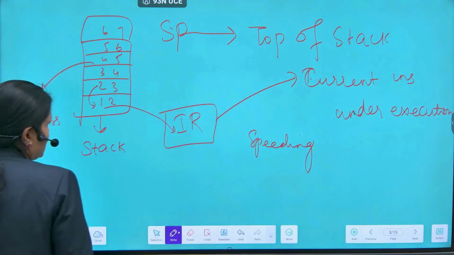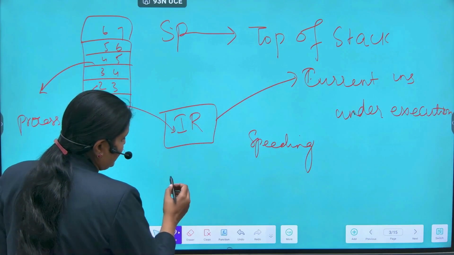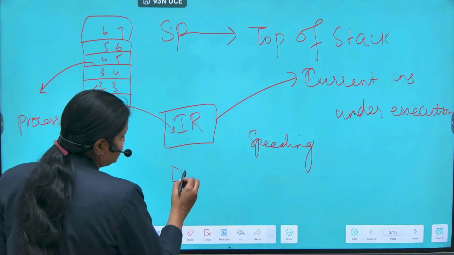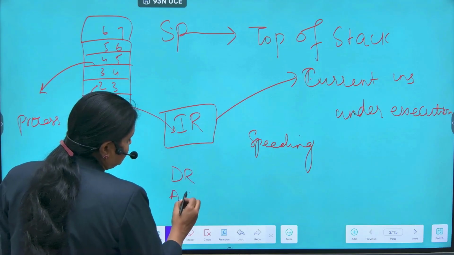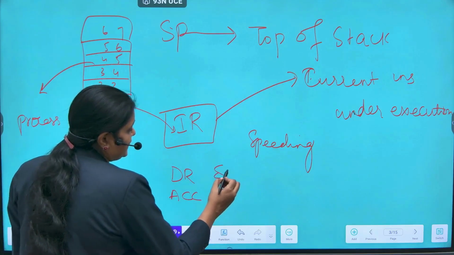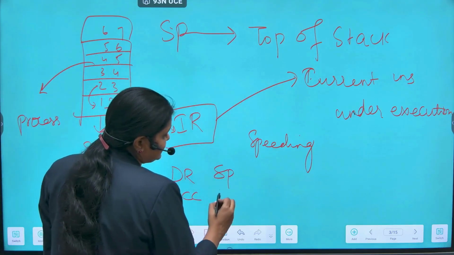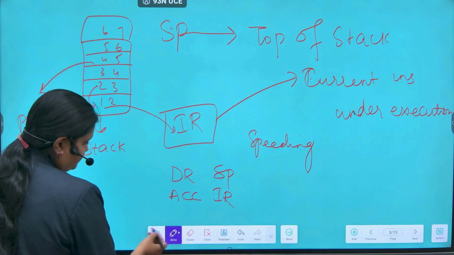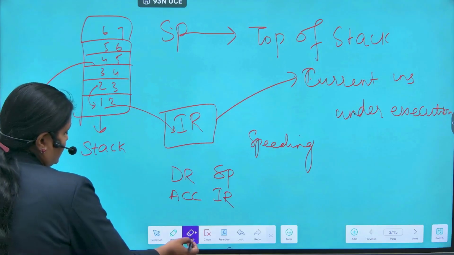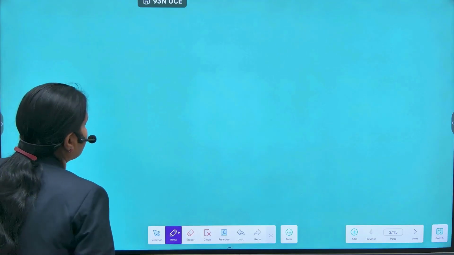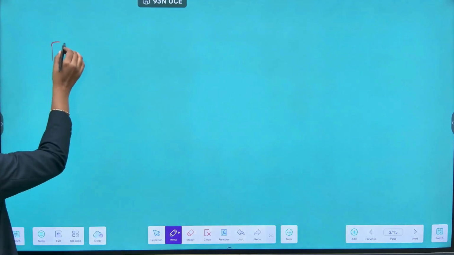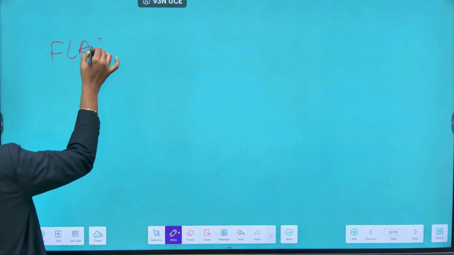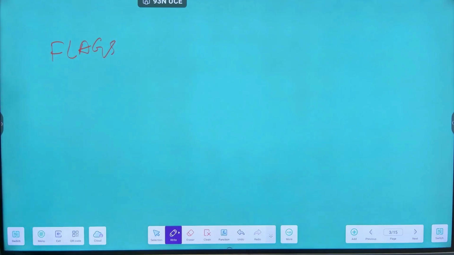Next, we have discussed data registers, accumulator, stack pointer, as well as instruction register. We are only left with flags. So flags are special kinds of registers.